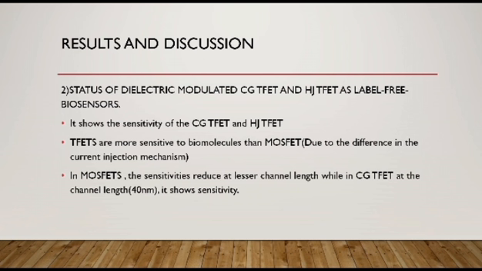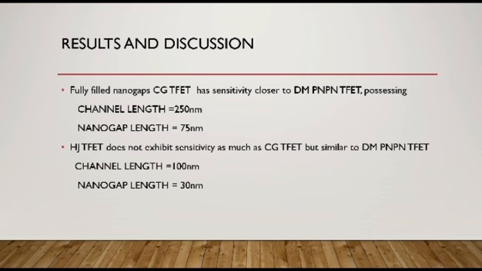Tunnel field effect transistors are more sensitive to the presence of biomolecules than MOSFETs due to the difference in the current injection mechanism. In MOSFETs, sensitivities are reduced at lesser channel length. The CG-TFET with a channel length of 40 nanometers shows significant sensitivity.